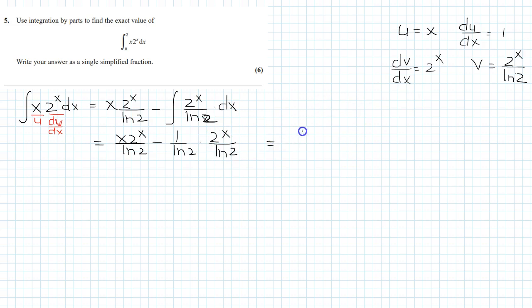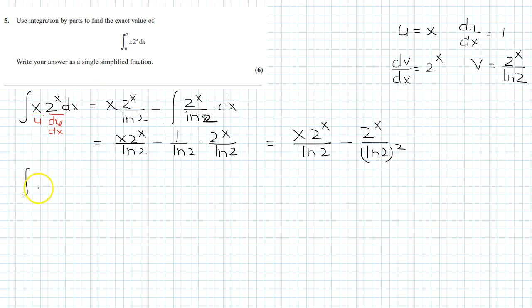So this I can write as x 2 to the power x over ln 2 minus 2 to the power x over ln 2 square.